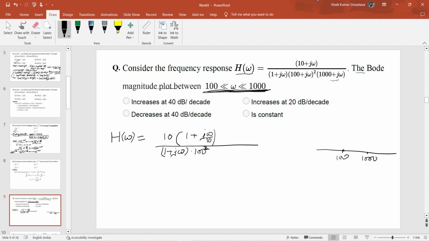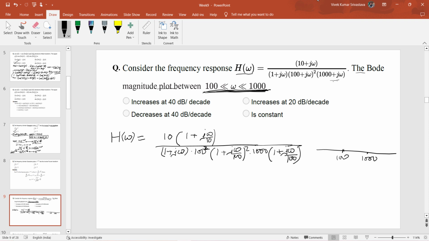Because if we take 100 common, due to the square present in this equation, it will take 100 square as common, and this will be 1 plus j omega over 100 square into 1000 in bracket 1 plus j omega over 1000.